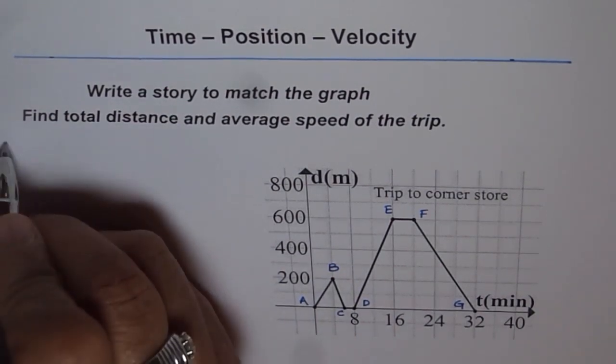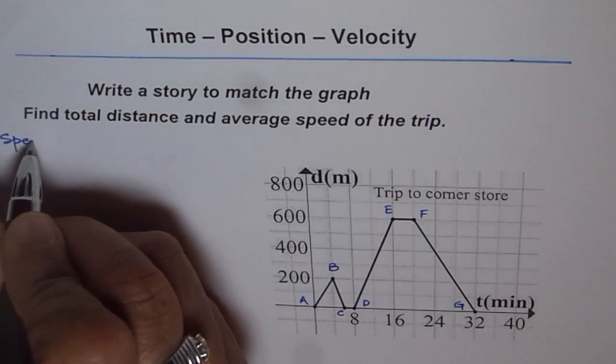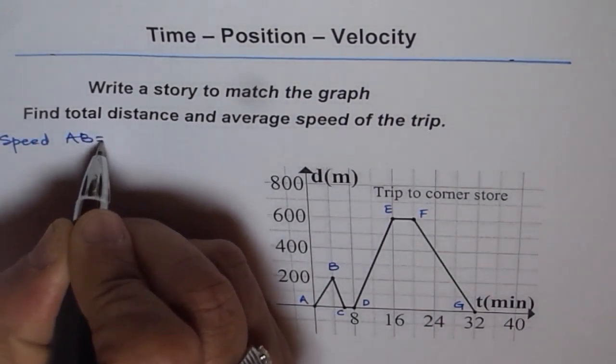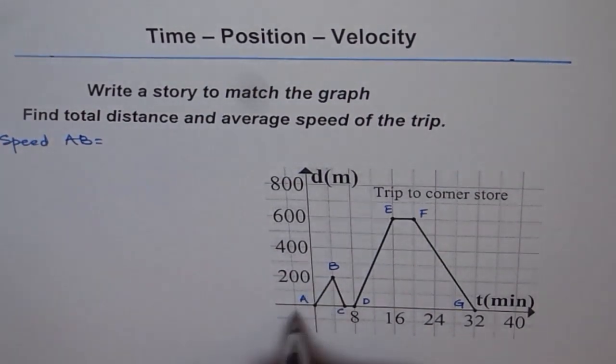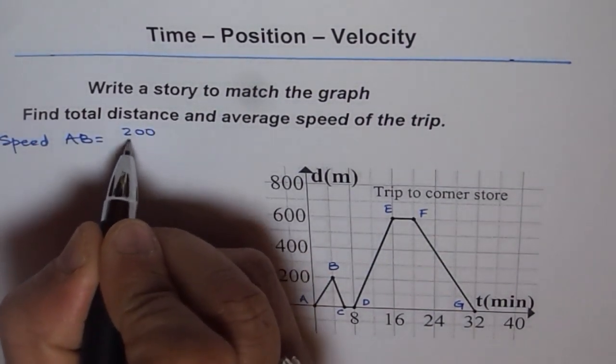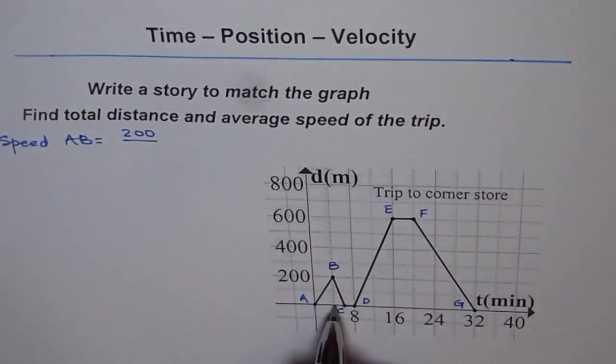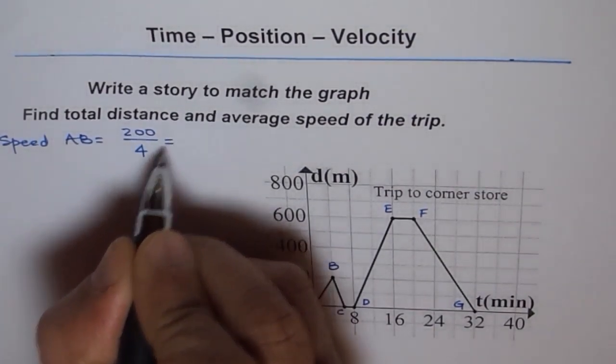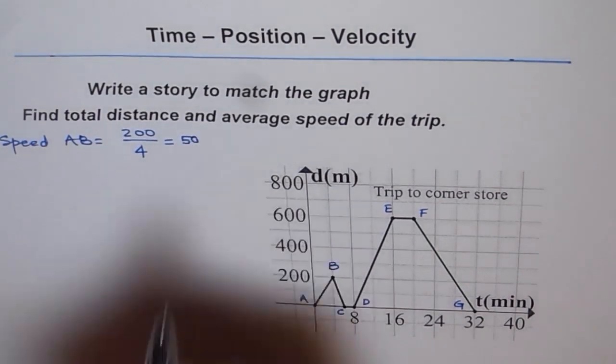So, we can write speed on AB as 200, change in distance, over change in time, which is 4, right? So 200 divided by 4 is 50.